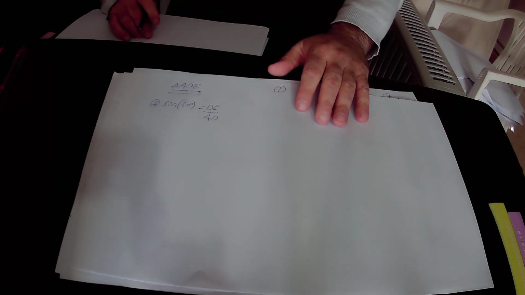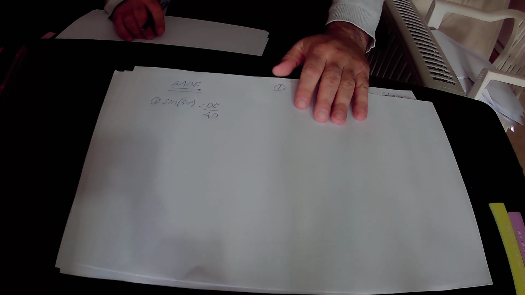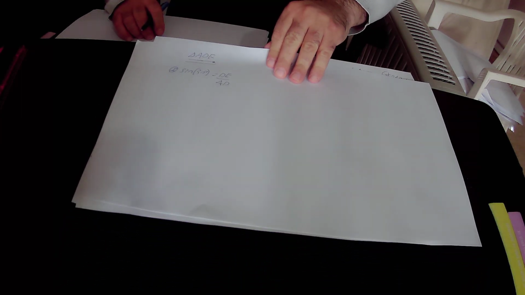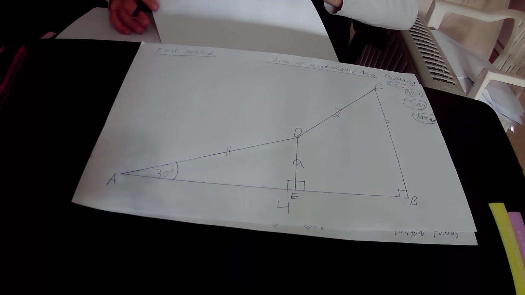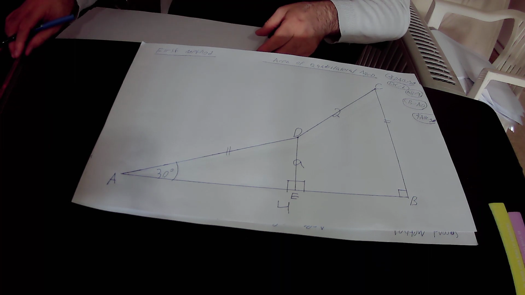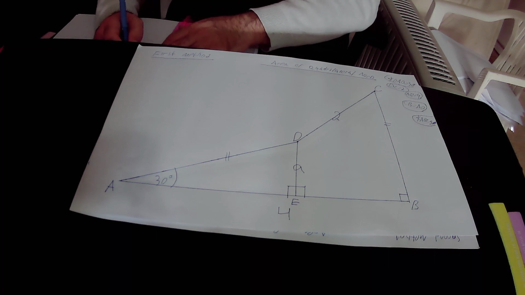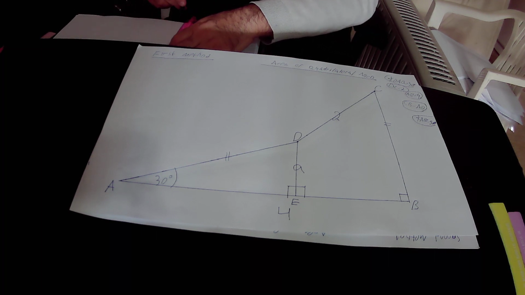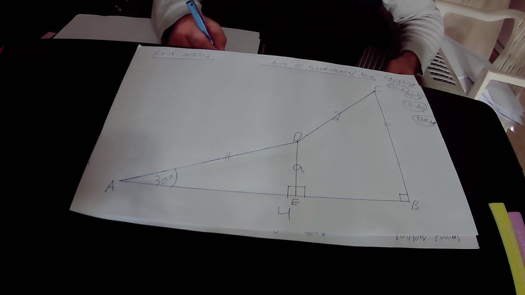In the right triangle, triangle ADE, sine 30 degrees equals DE over AD. We know that sine 30 degrees equals 1 over 2, so I write it down. We will get that 1 over 2 equals DE over AD.